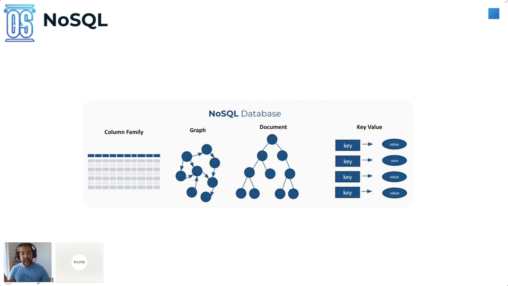As you can see here, every single NoSQL database has a specific structure. For example, let me show you. The key value looks exactly like a map in Java. I have a key, and then it returns a value. Then I have the column family or wide column, which looks like key value.